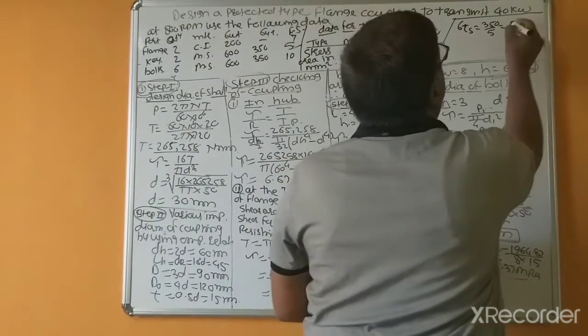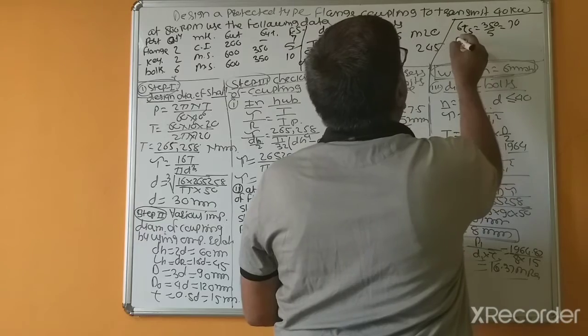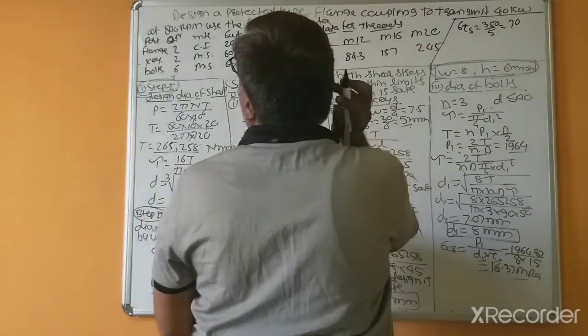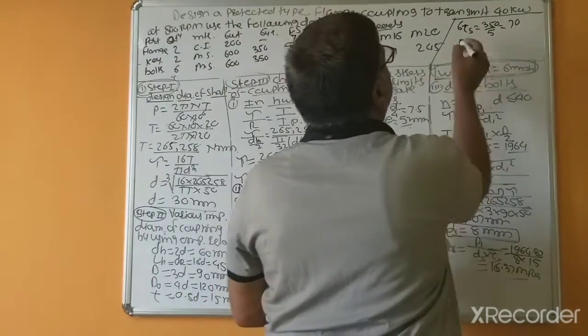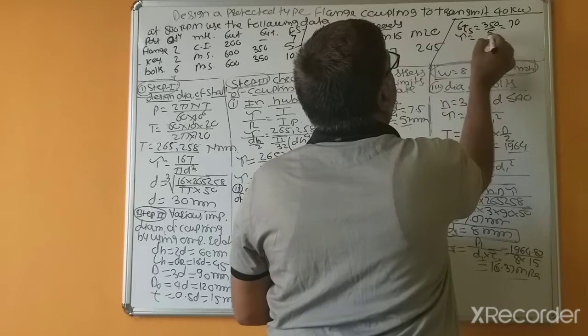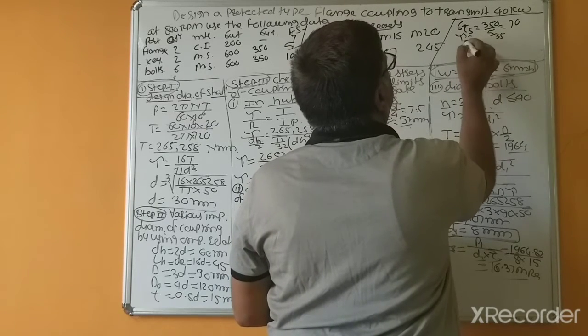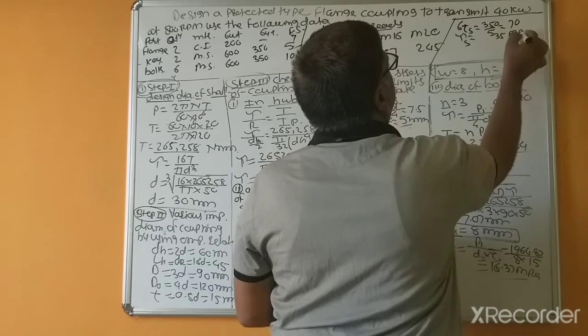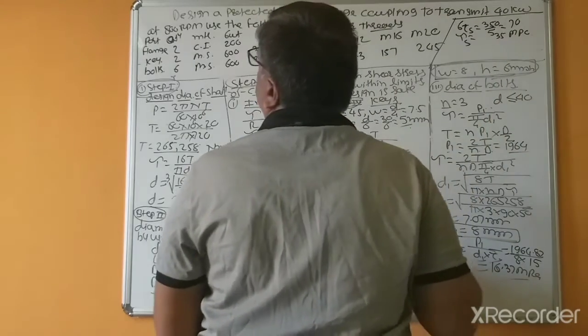$70 and tau for the shaft, we require this is 35 megapascal, right?